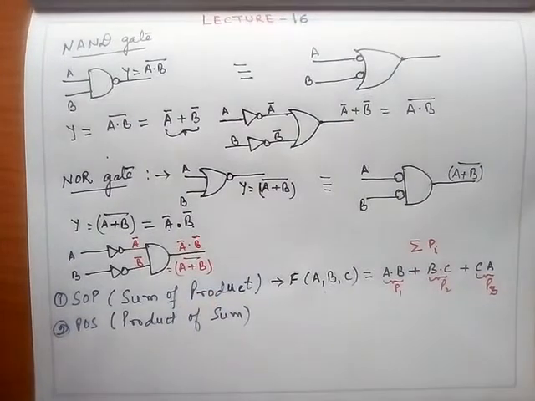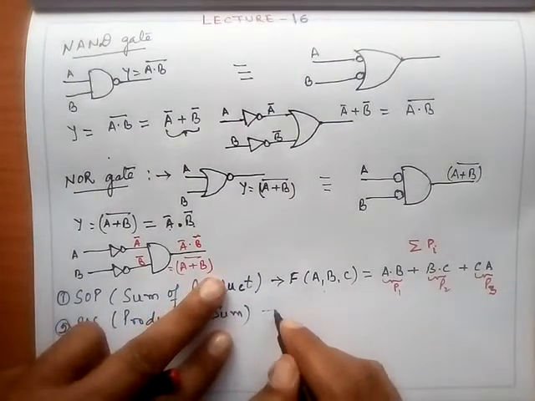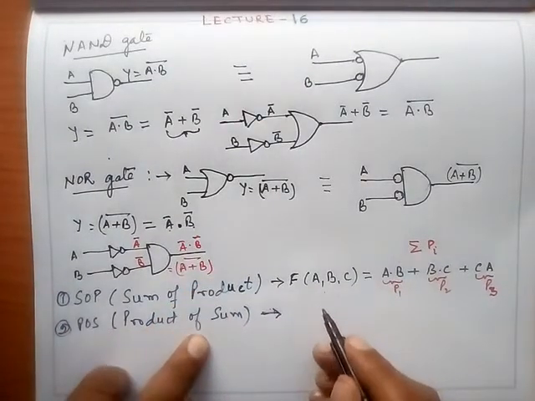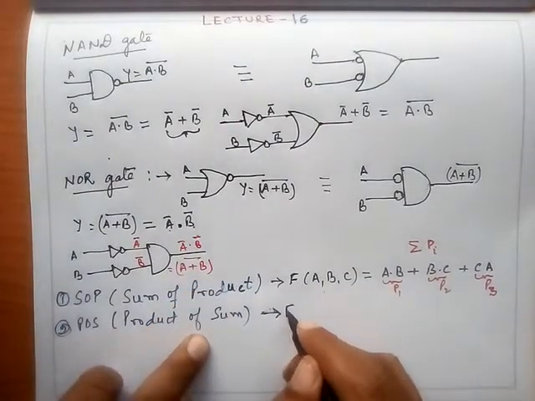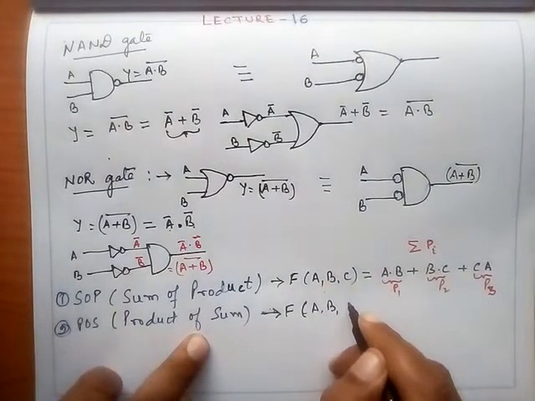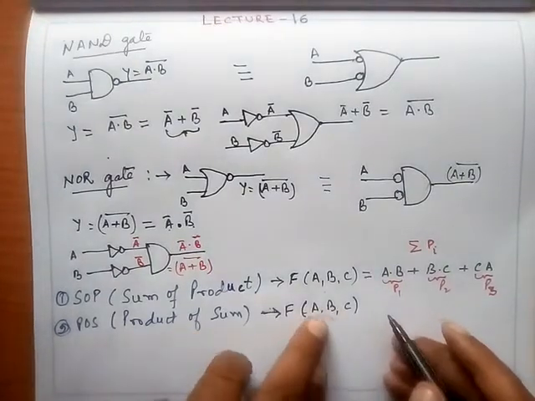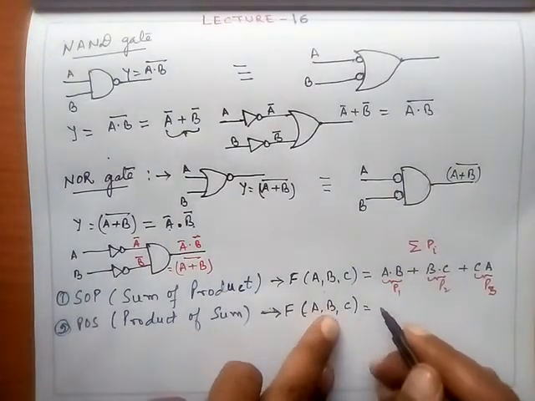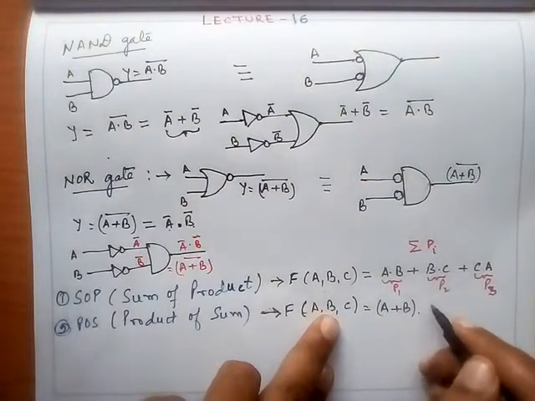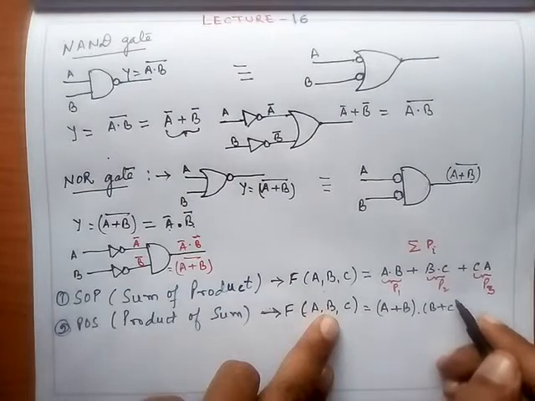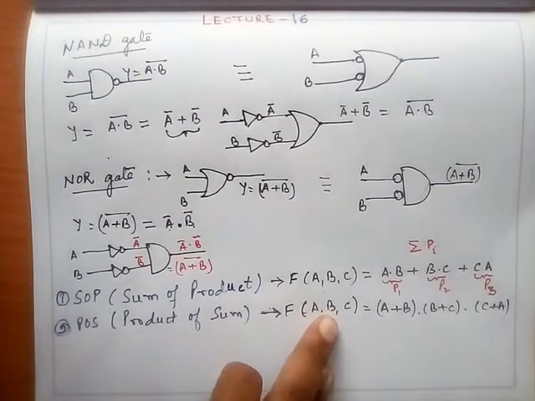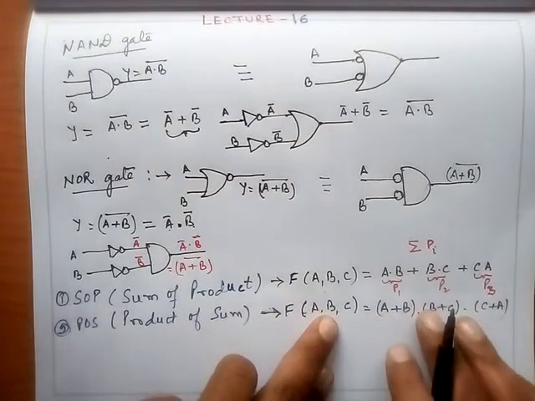Or I can say that this can be represented also as a product of sum. Again suppose you have a Boolean function which is a function of variables a, b and c, and if I represent this as a plus b, dot b plus c, dot c plus a, means you have a sum here, a sum here, and a sum here.